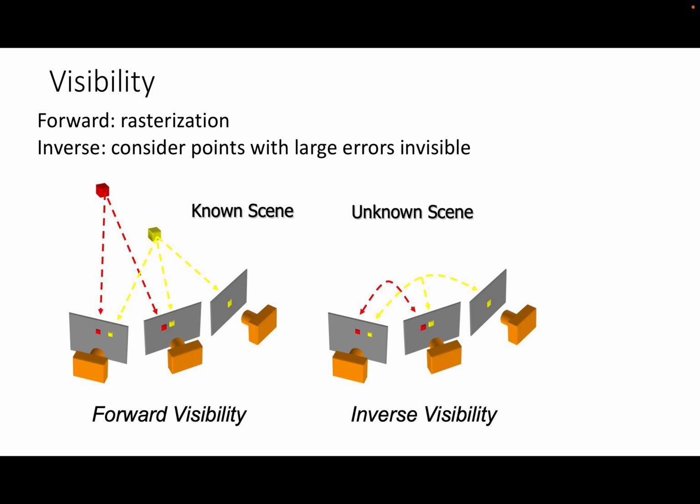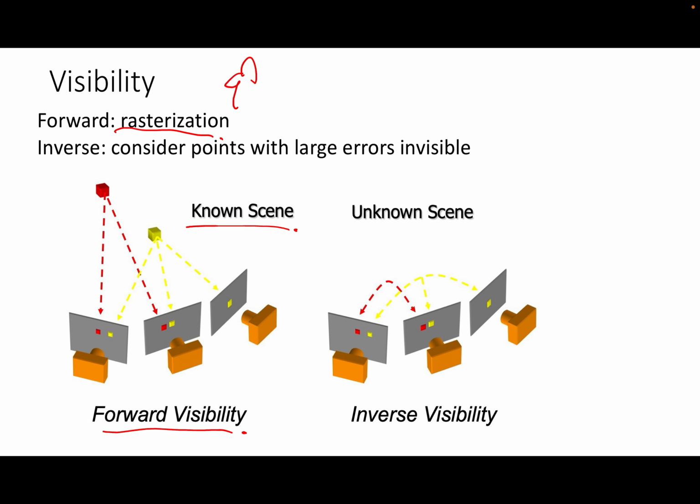And this shows visibility. How can we get visibility? Visibility means whether this point is visible to a certain camera or not. For visibility, it assumes a known scene. If we know the 3D geometry, then there's no problem. We haven't learned rasterization, but rasterization is like rendering.